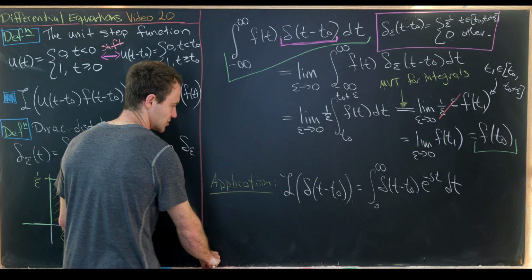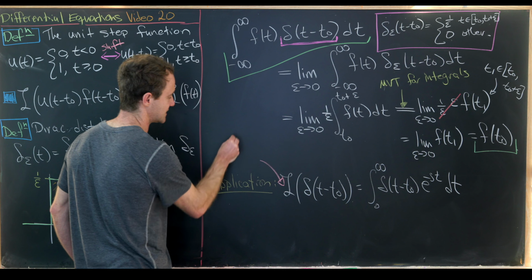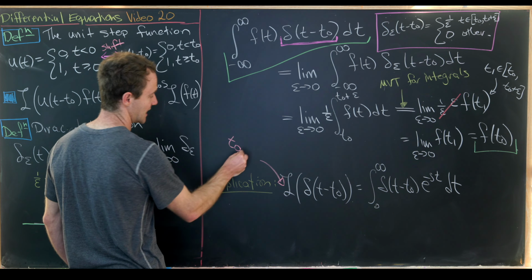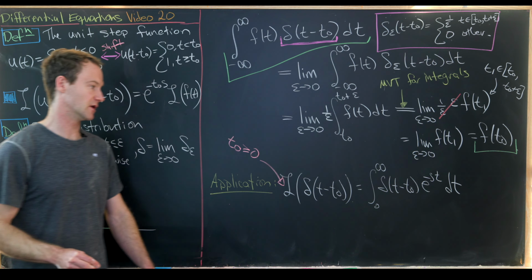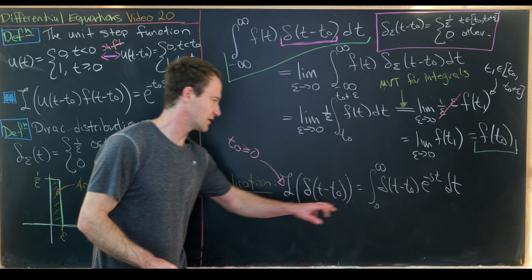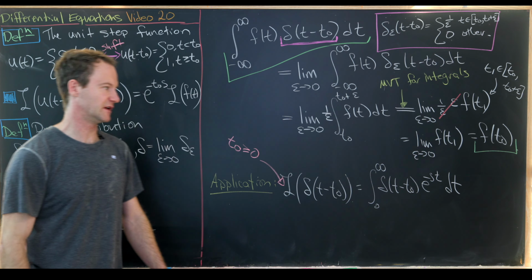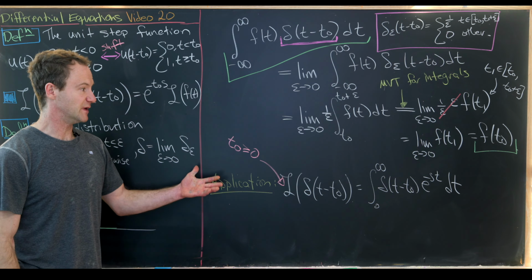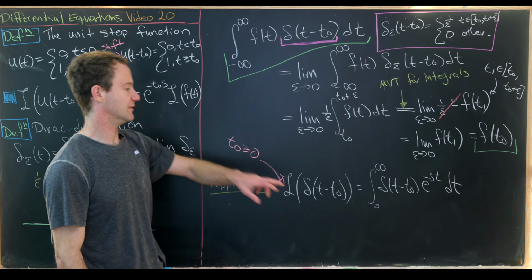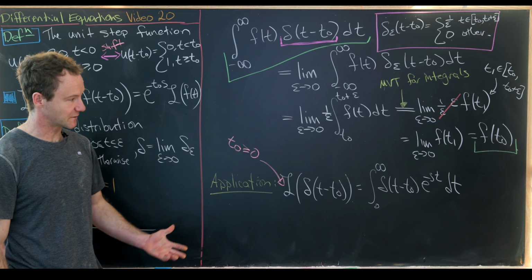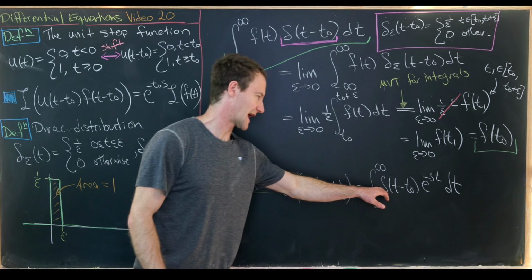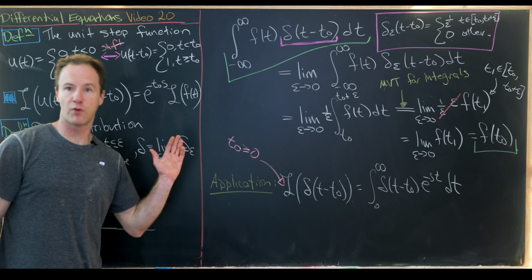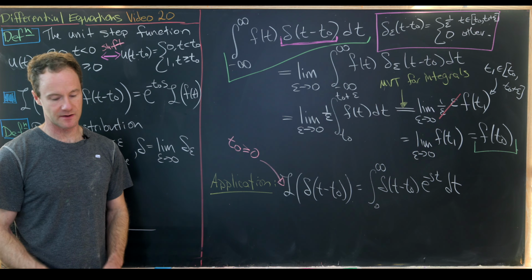And just so that things make sense, let's assume that t0 is bigger than or equal to 0. So if it's bigger than or equal to 0, it's somewhere between 0 and infinity. That means we can use this rule right here, because the integral from minus infinity to infinity is the same as the integral from 0 to infinity, because we're capturing this point where we've moved this spike.